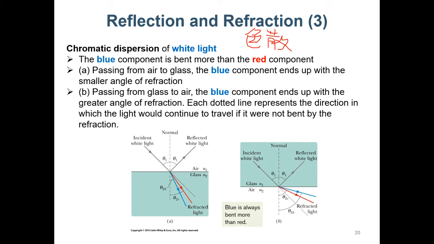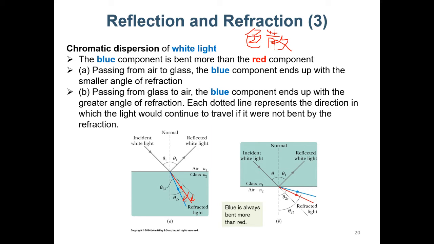So actually, if you still remember, the red light has a longer wavelength, the blue light has a shorter wavelength, and in that case, suppose we consider this angle. For red light it is smaller than the blue light.